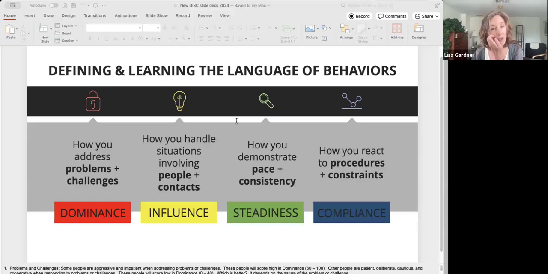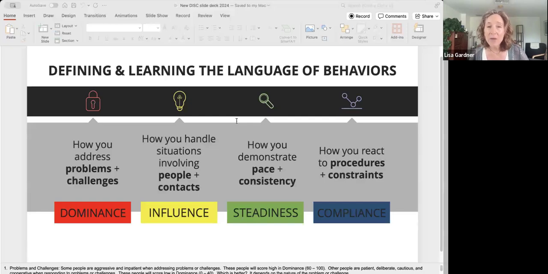So if you have your report, you've noticed that in the bottom right-hand corner, starting on page 4, there are 2 graphs with 4 colored bars on each graph. Each colored bar represents a scale of that particular style. I'll go over in part 2 what the difference is between the graphs. For now, let's just look at the types.